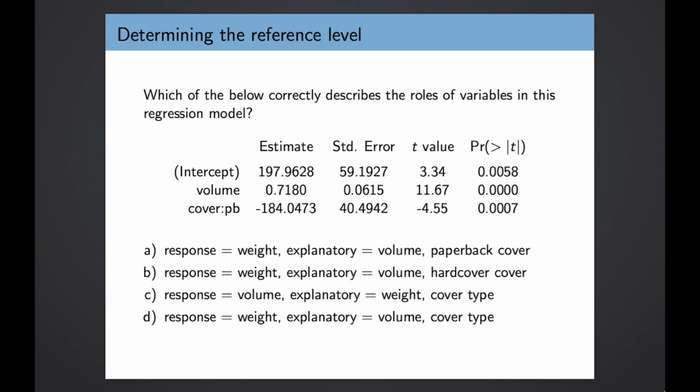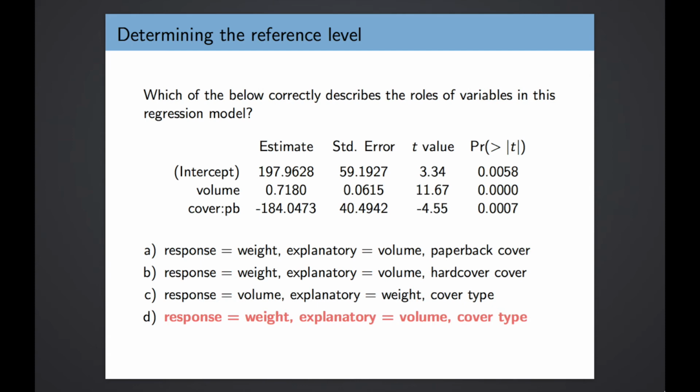So just to check your understanding, make sure that you understand what role each of these variables is playing in the regression model. I've given you a couple of options here, so pause the video and select the right one. So the variable that we're interested in explaining is how much a book weighs, and we're using 2 independent variables to predict this.